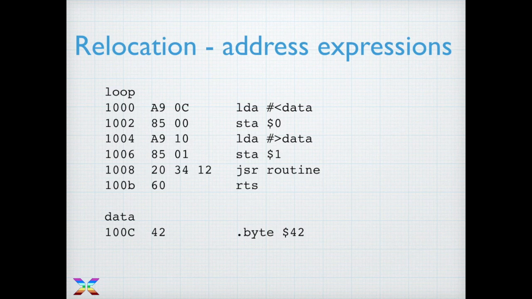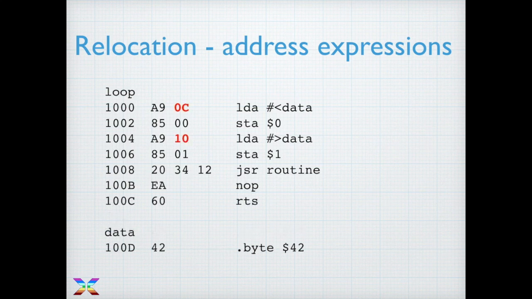Here's a problem that takes more than just looking at the code. If I'm trying to load the address, in this case of my data word at 1000C, that address is broken into two high byte and low byte arguments, and then they're stored off into a zero-page register. Everything's well and good until I add some code and it pushes down my data.